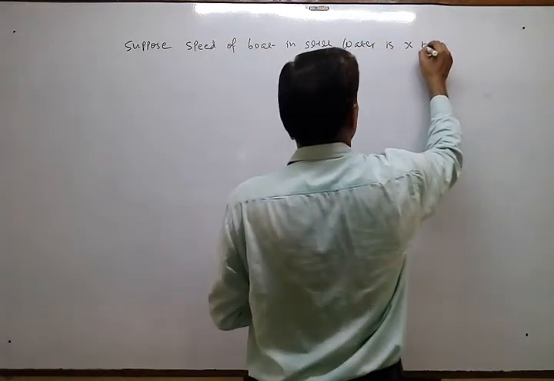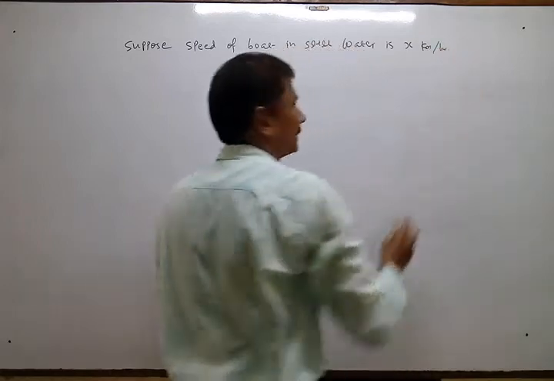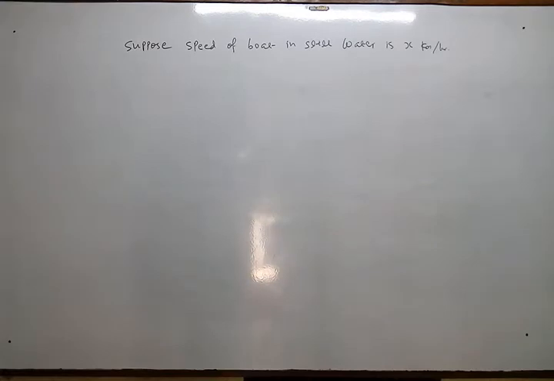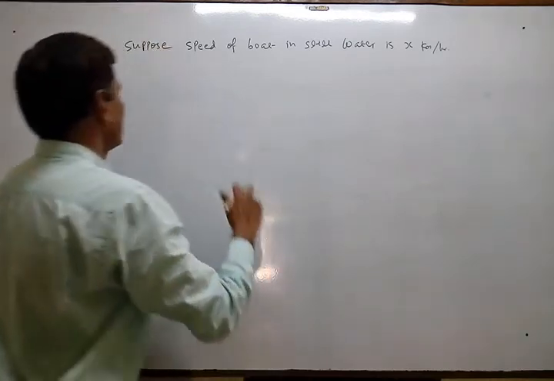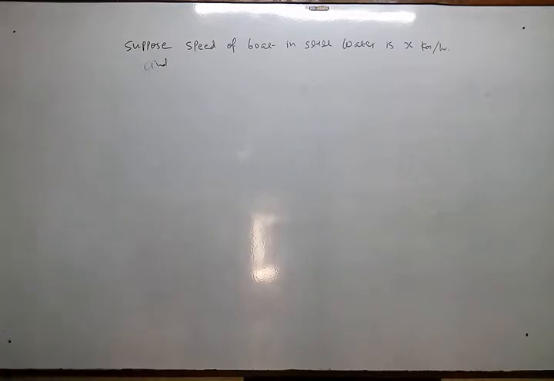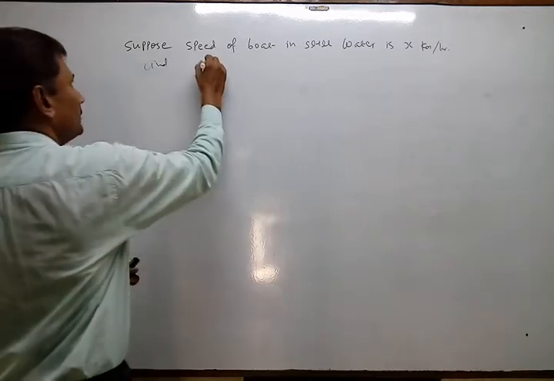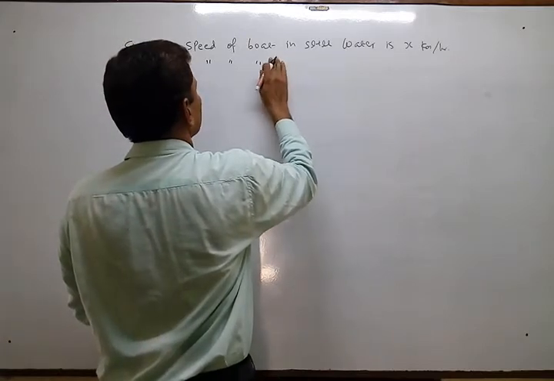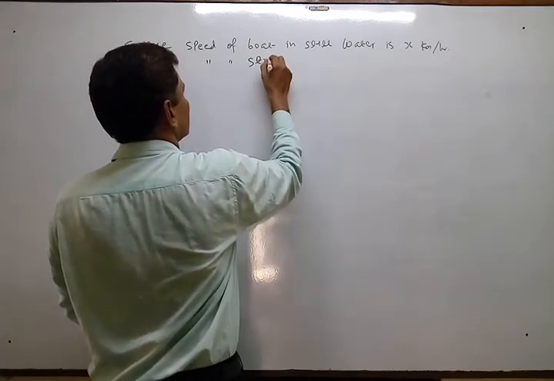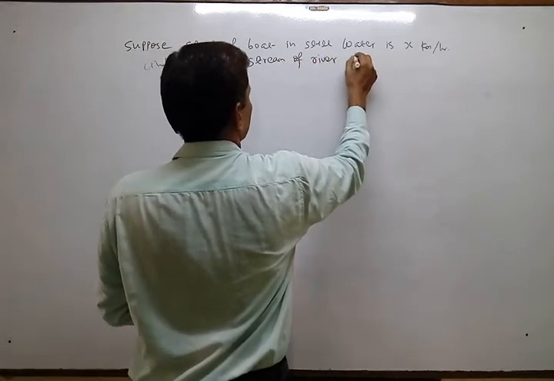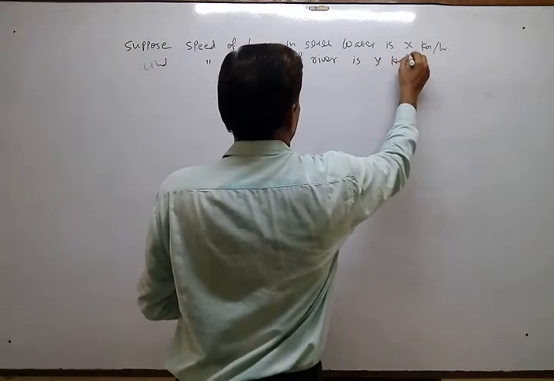With the unit you have to write. Same way, the speed of stream of river, water, is y kilometer per hour.